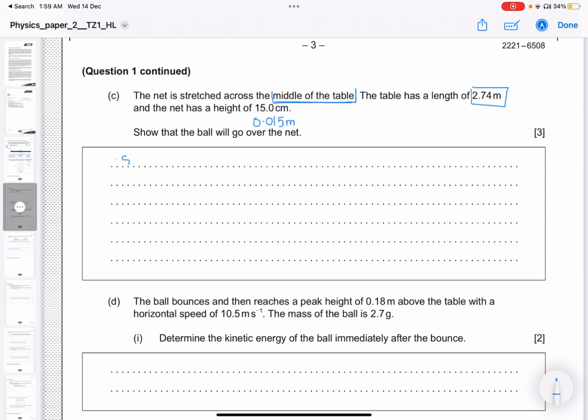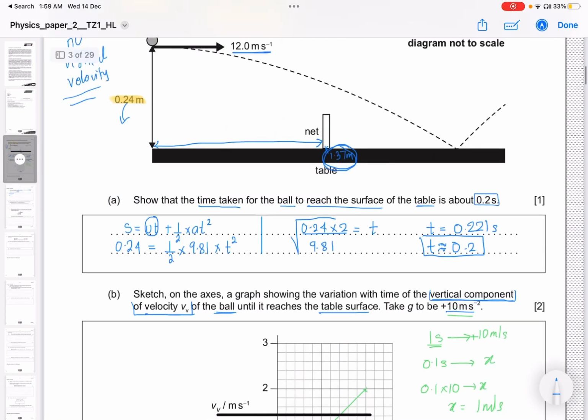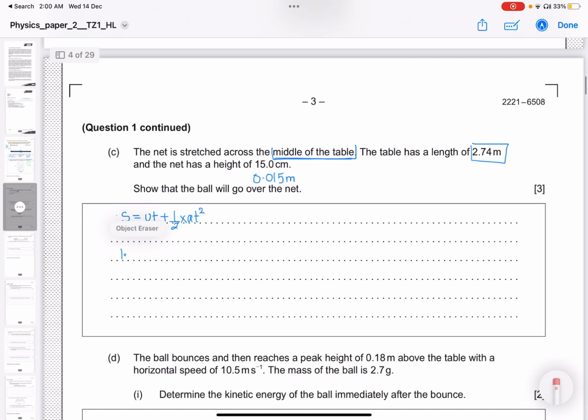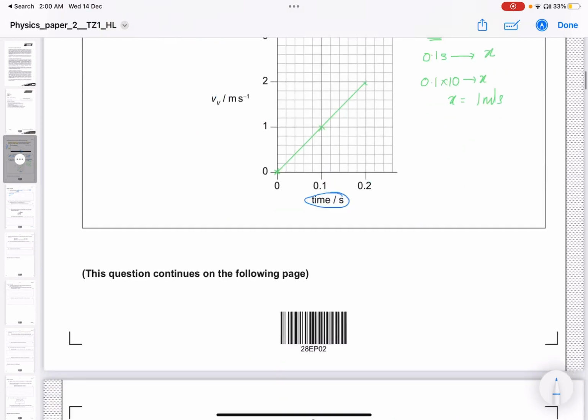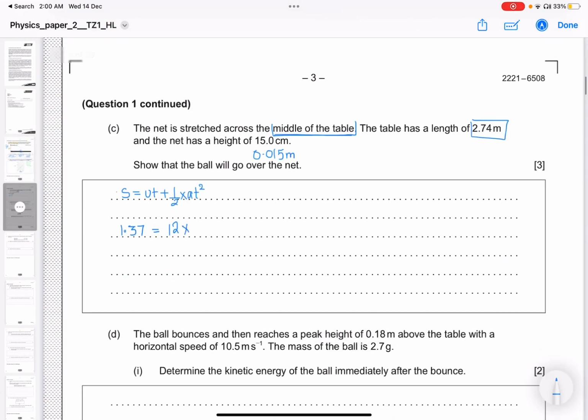So s equals ut plus half at squared. This is 1.37 meters, and the initial velocity was 12, time we have to find, plus half into a, which would be 0 because horizontally there's no acceleration, into t squared.